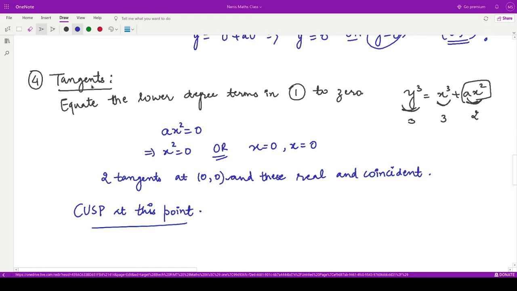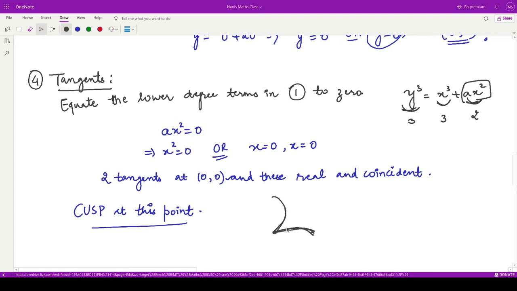The cusp has a shape like this, where this is the point where we are talking about the cusp, and because here this is a multiple point, and in fact it would be a double point because the two branches of the given curve pass through this particular point. One branch is this one and one is this one, right?